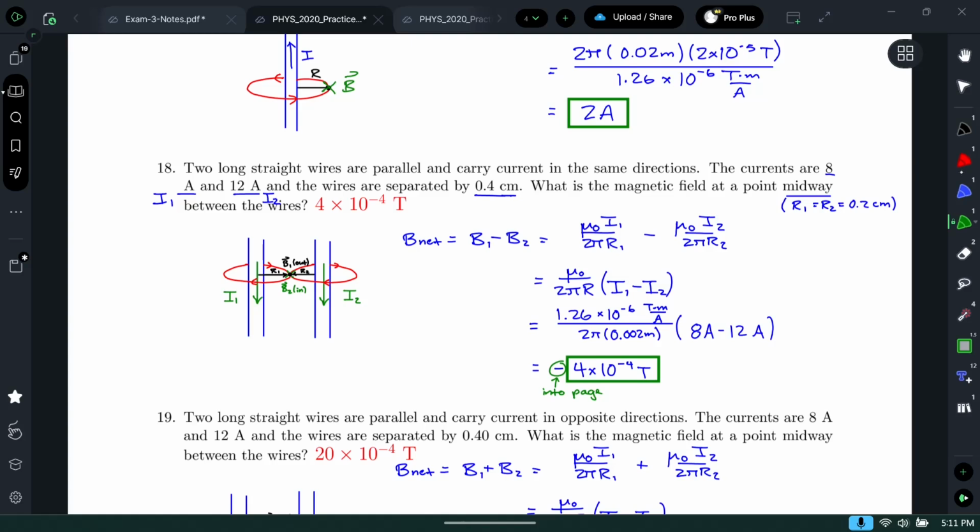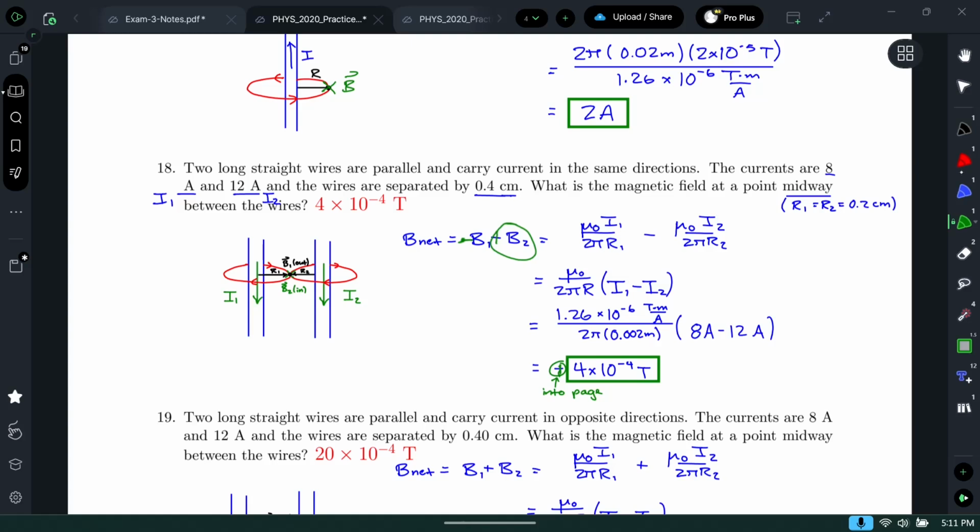If you think of into the page as the positive direction, then you would get a positive number here, because you would have said this thing is positive, B2, whereas B1 is negative, and you would have gotten a positive here. But that would be telling you, again, into the page, but you chose that as the positive direction.